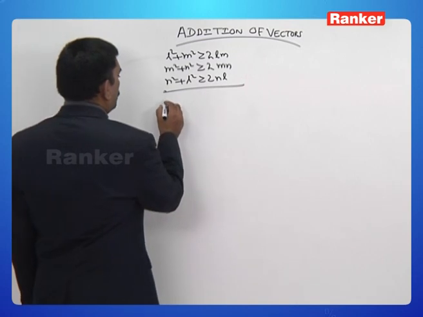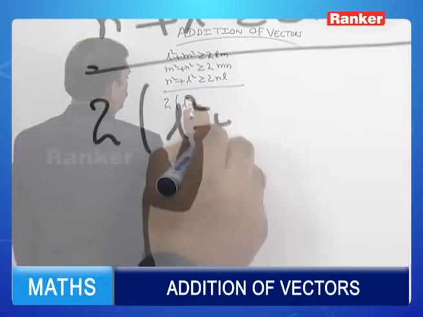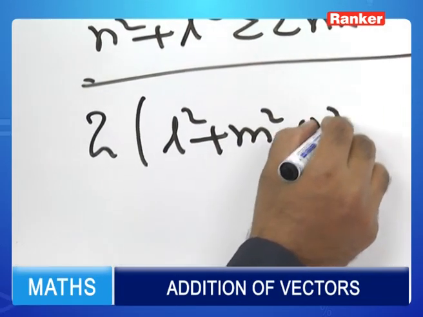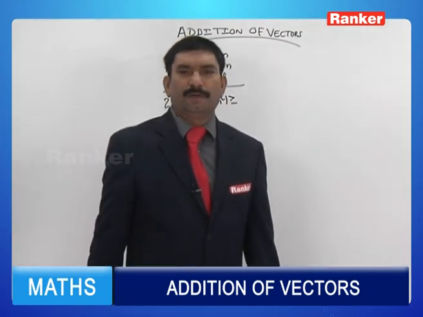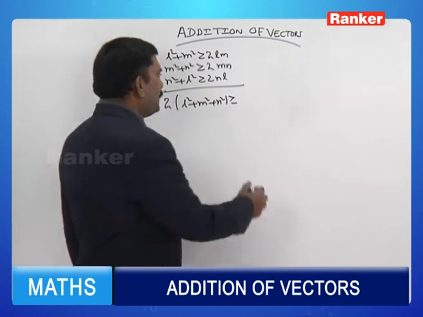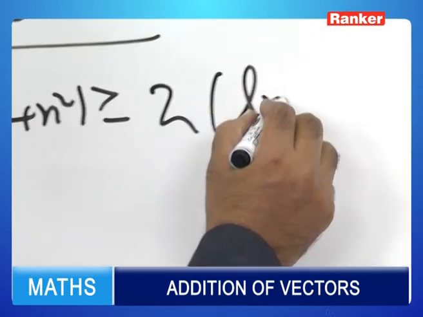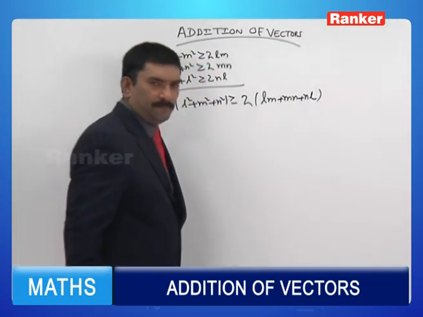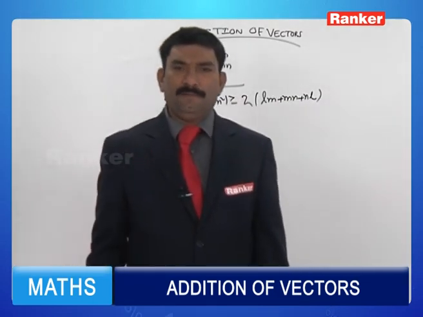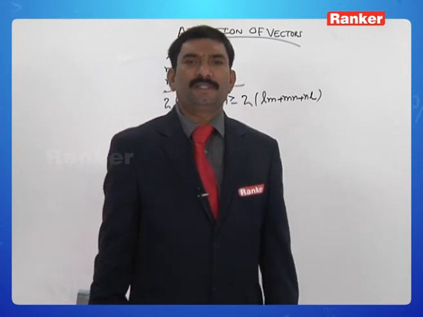This becomes 2 into (L square plus M square plus N square) is greater than or equal to 2 into (LM plus MN plus NL).